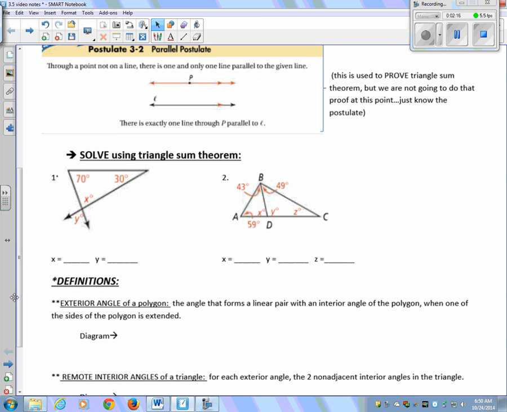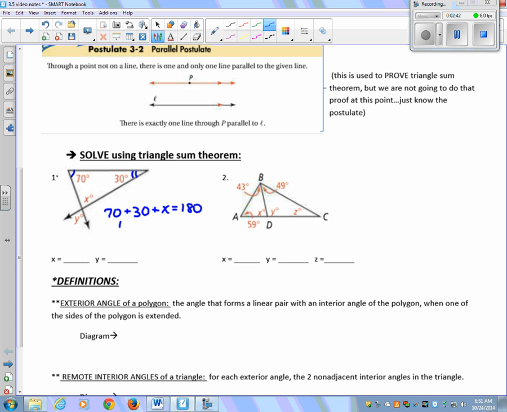So let's try to apply this triangle sum theorem. If we have this diagram in number 1 here, they give us that this angle is 70 degrees and this one is 30 degrees, and we're trying to find the missing x. So if we know that the three angles of a triangle add up to 180, we could say 70 plus 30 plus x equals 180.